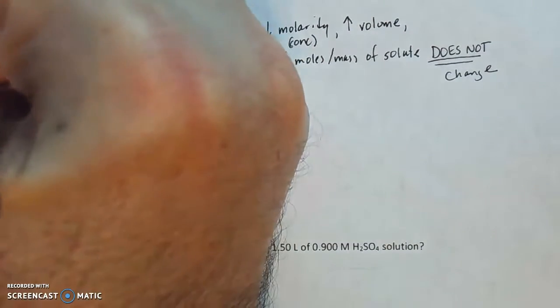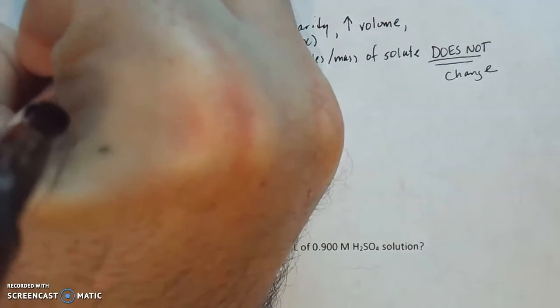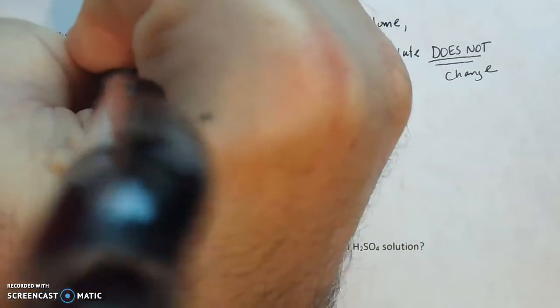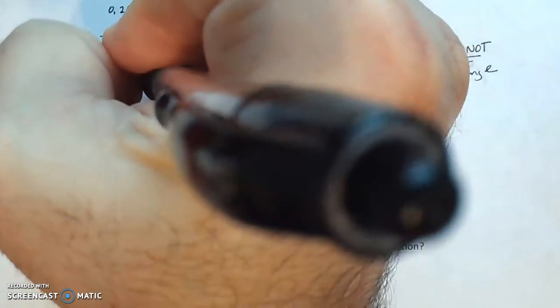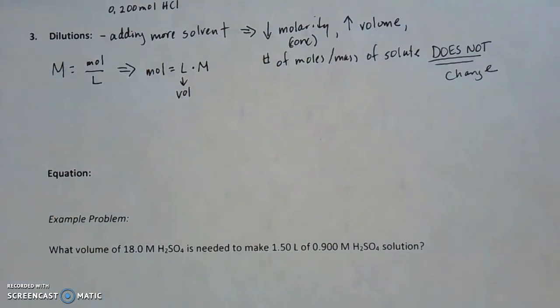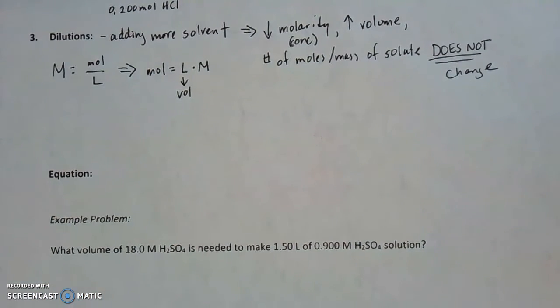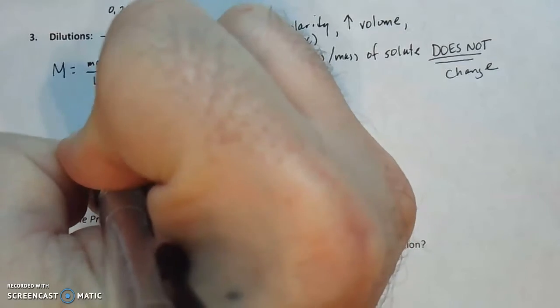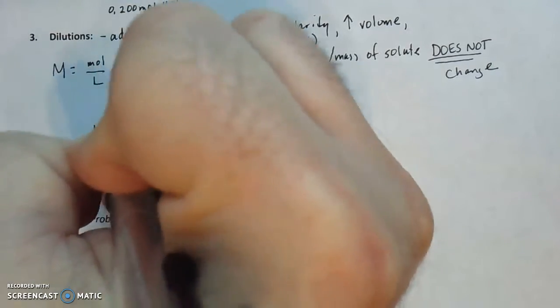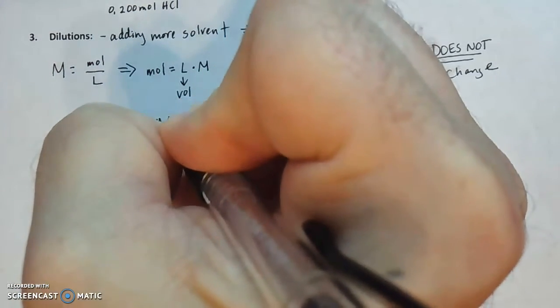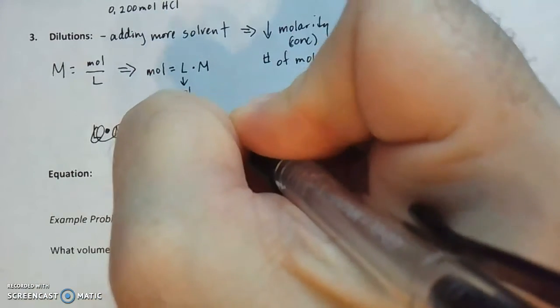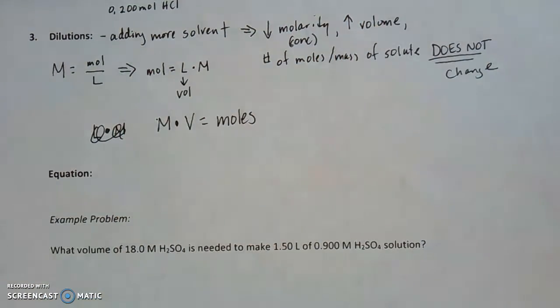So if we know that molarity is equal to moles over liters, we can rearrange this to solve for moles. And we know liters is a volume. So if we know the liters and the molarity of a solution to start with, let's just say molarity times volume, that is equal to moles.